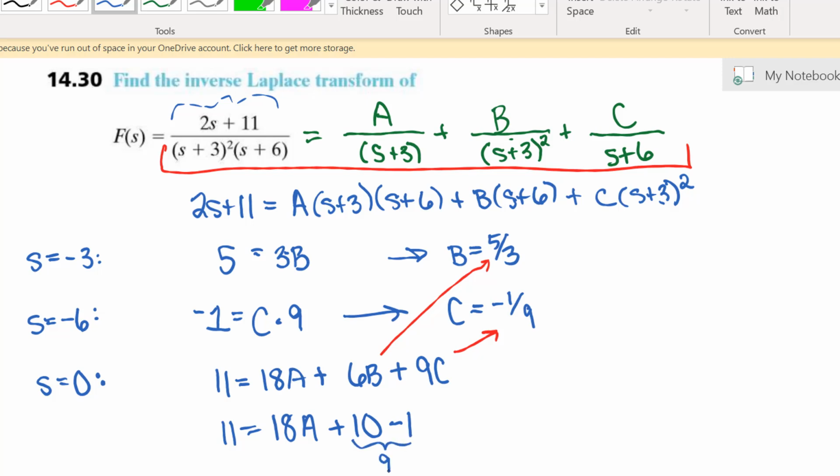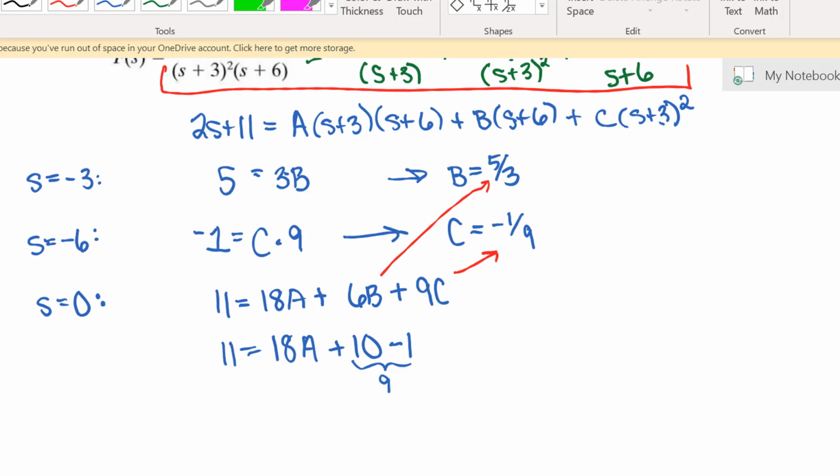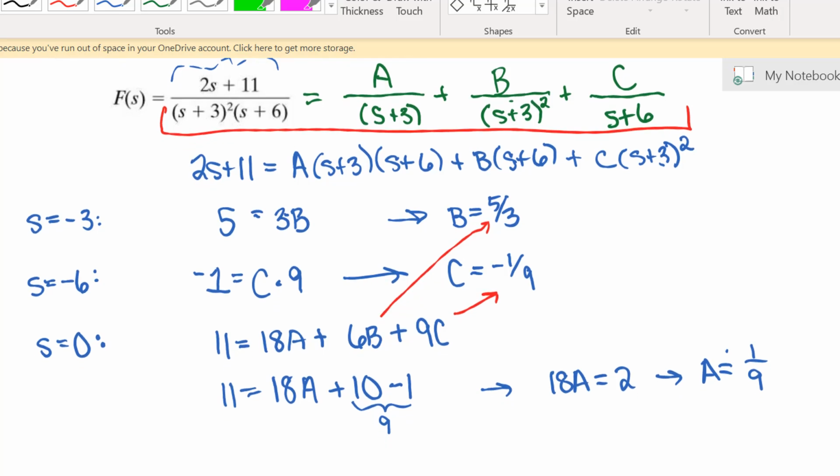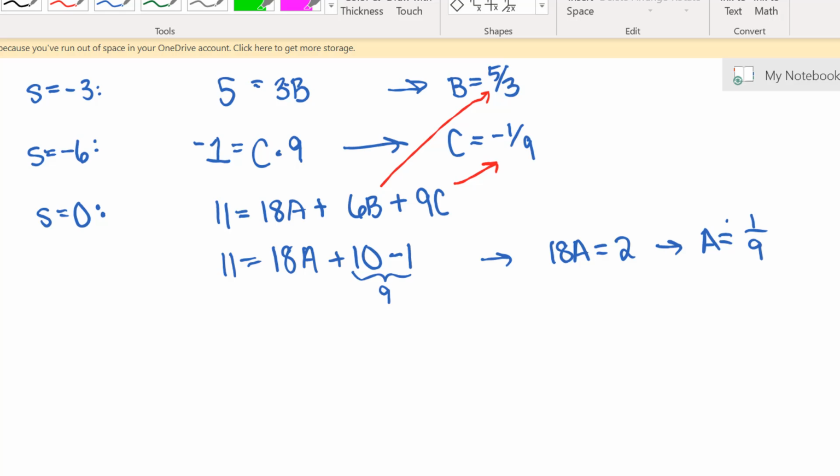So this is 9, and then I would subtract 9 from both sides, so I'd get 18A equals 2, so A is positive 1/9. Okay, so now I'm going to just rewrite F using those values.